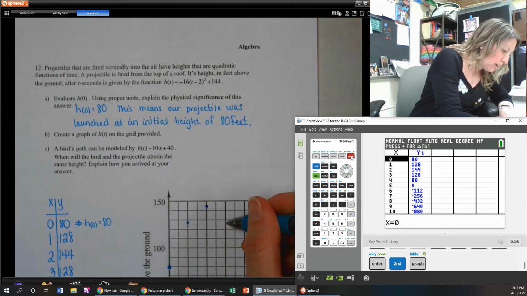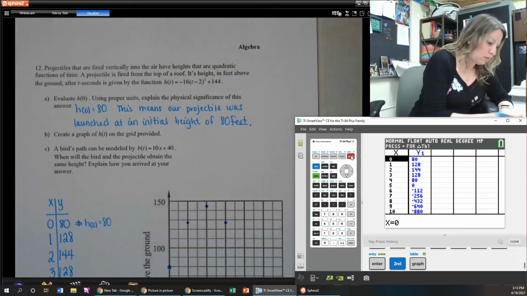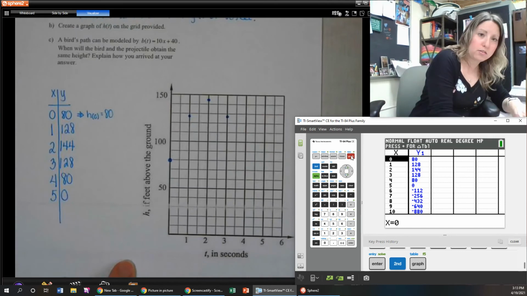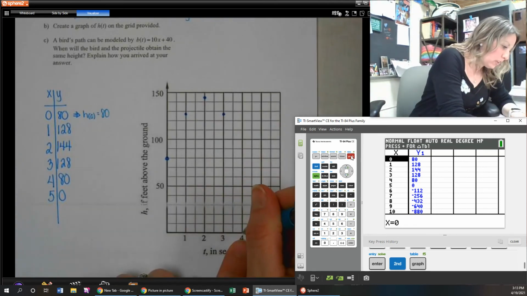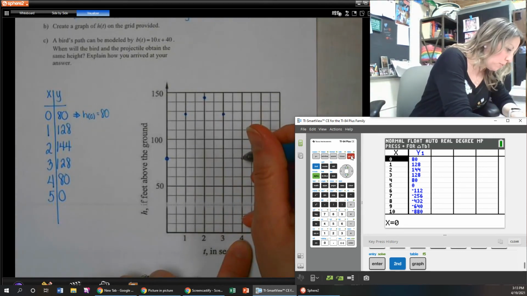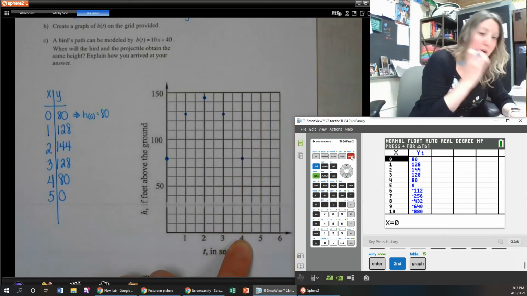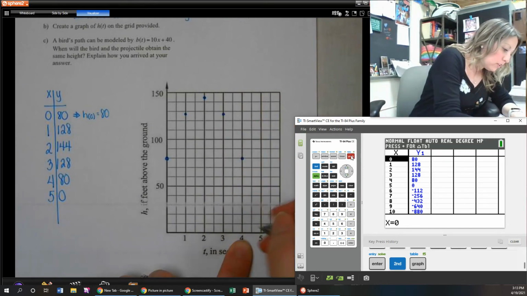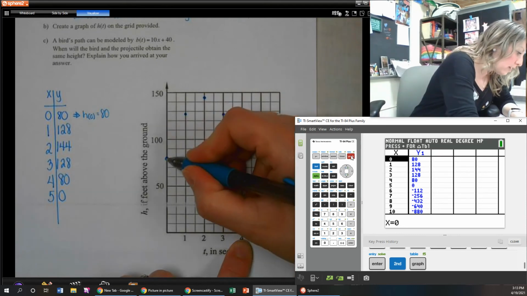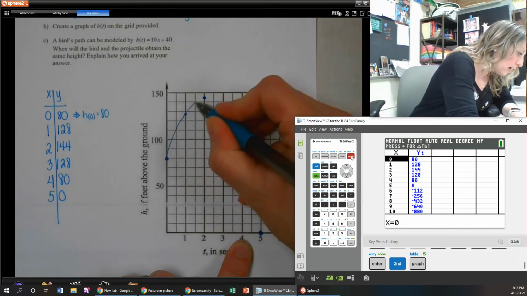Well, now that you know that, you can kind of match up horizontally. And then 4, 80, back up to where we started height-wise. 5, 0, well, there is the ground. So let's connect, and this is our projectile.